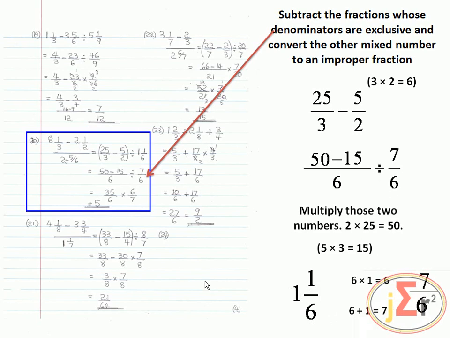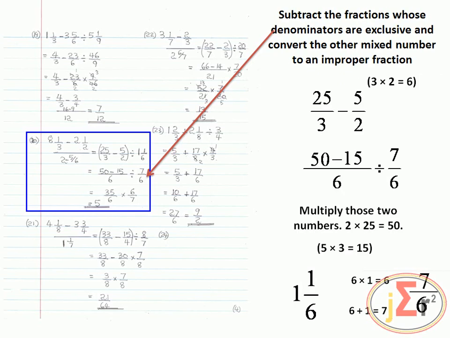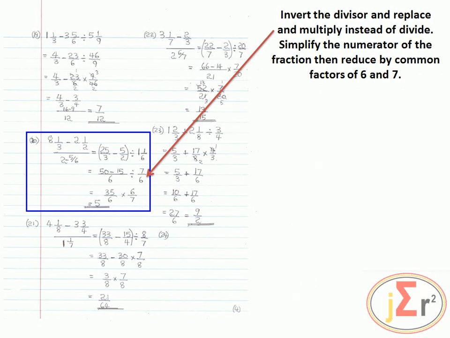What do we do with that 7 over 6? We will do the reciprocal and change the sign to a multiplication sign. Invert the divisor and multiply instead of divide.